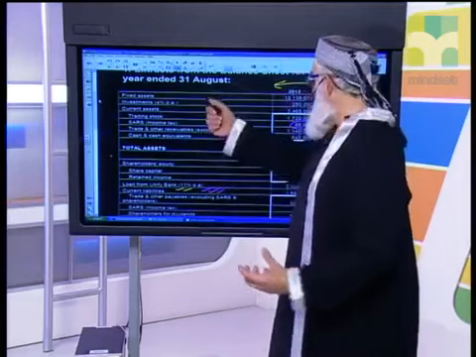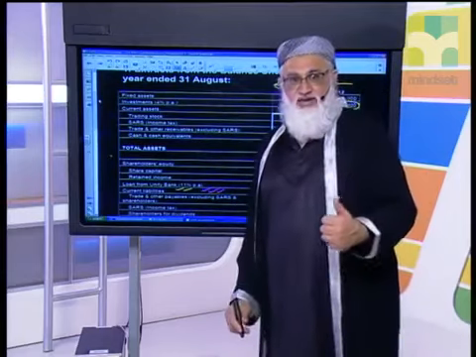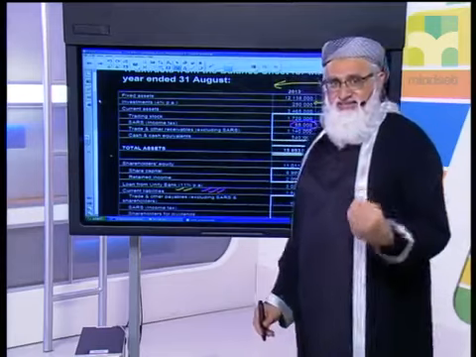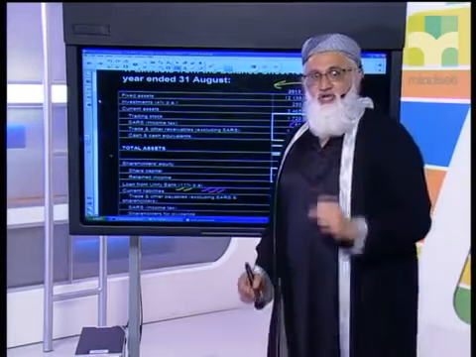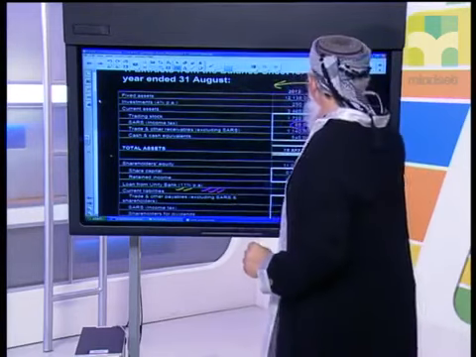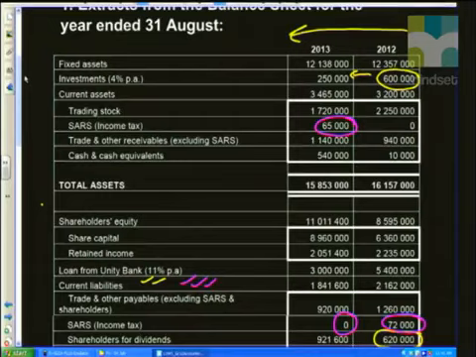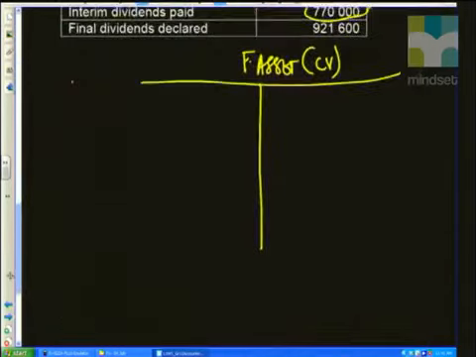Therefore, we know that this is at carrying value. Once we've ascertained that, step number one, take your opening balance. What's my opening balance? 12,357,000. Let's slot it in. 12,357,000 is my balance at the beginning of my financial period.